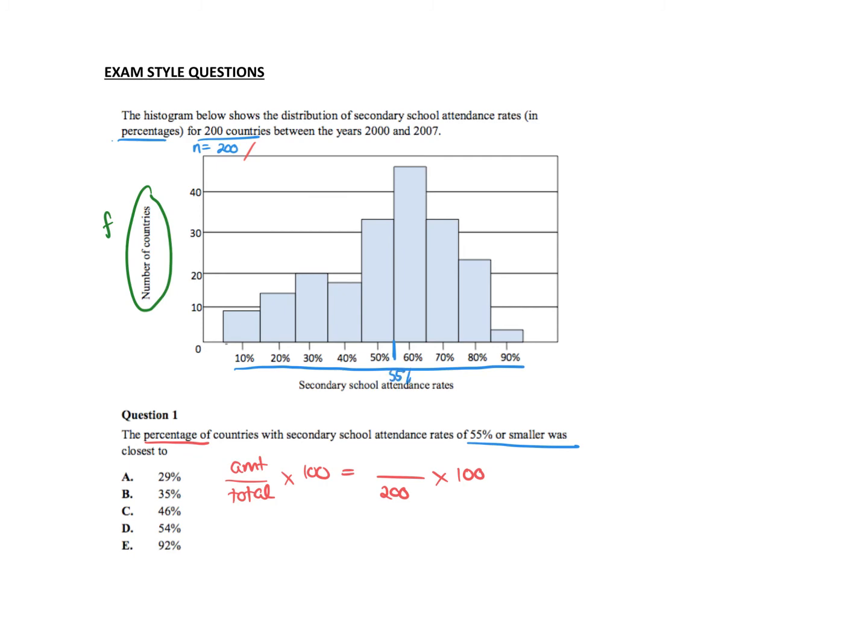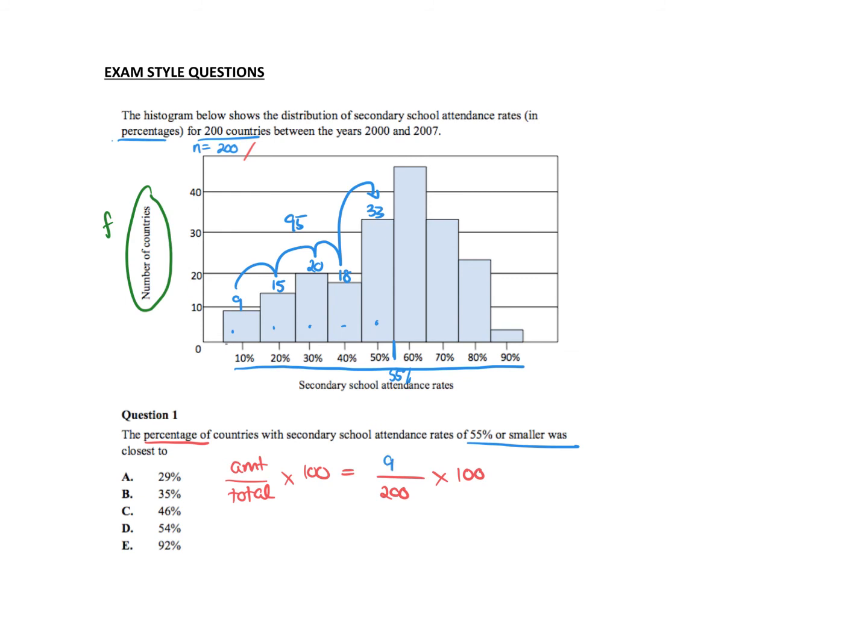So we want smaller. So we want all these categories, how many they are. If we add them up, I'm just going to roughly say that one's 9, 15, 20, maybe 18, and 33. If we add all those up, we get like 95, okay?